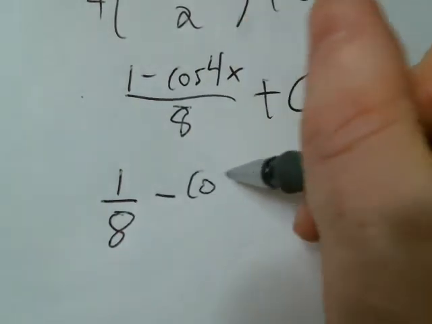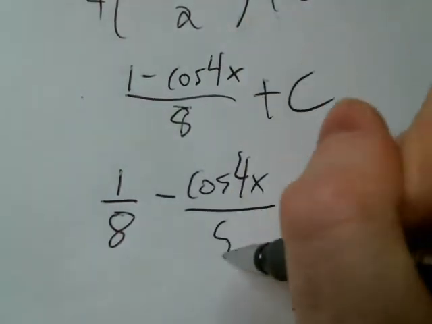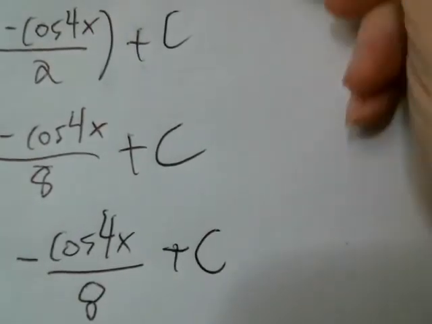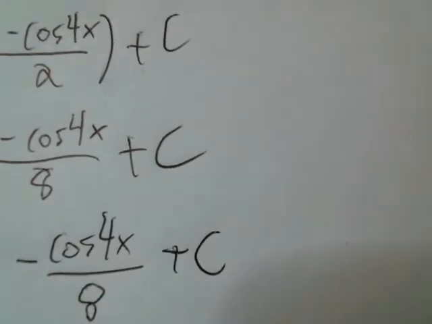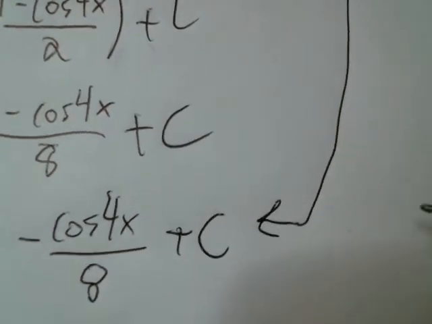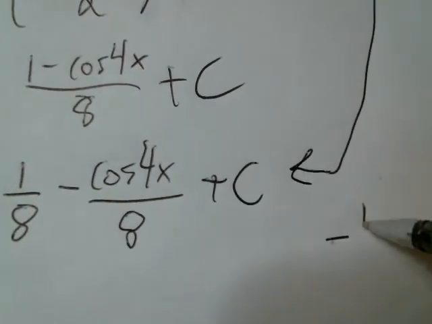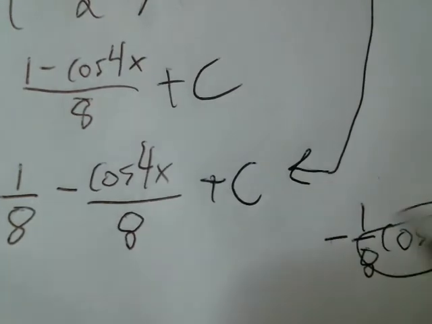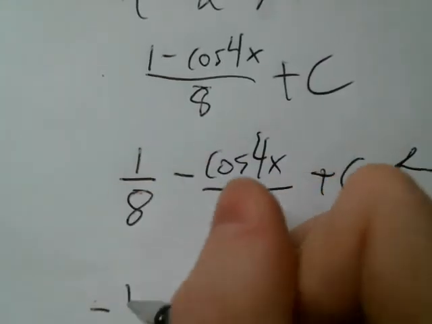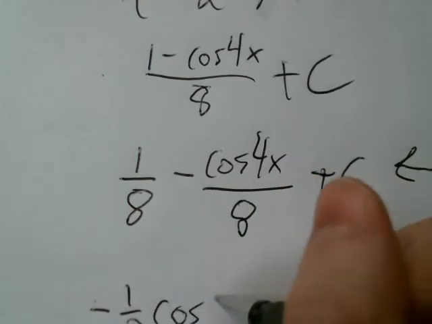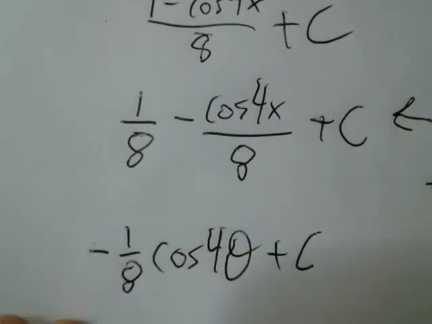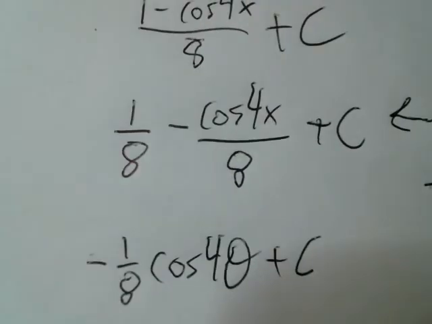Negative cosine of 4x all over 8 plus c. And on the other side, we have this thing right here. Let me rewrite it so you can see it. The other answer was negative 1/8 cosine of 4 theta plus c. I should be using an x or whatever the variable was.